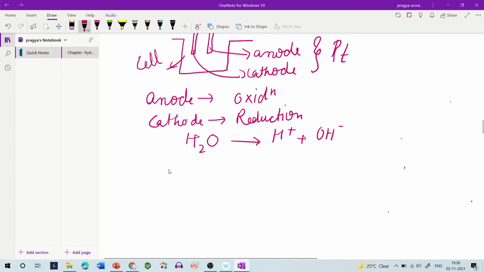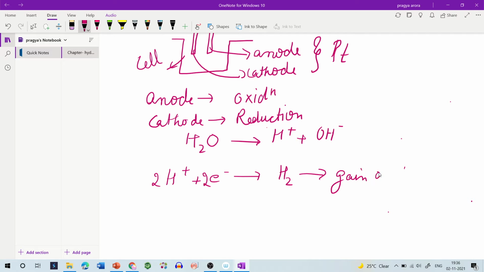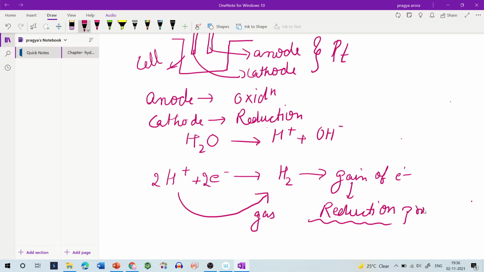Therefore, H plus can gain electrons to form H2 gas. 2H plus will gain 2 electrons to form H2 gas. Since there is gain of electrons in this reaction, gain of electrons is called reduction. So H plus ions are reduced to H2 gas. This is the reduction process, and reduction happens on cathode.